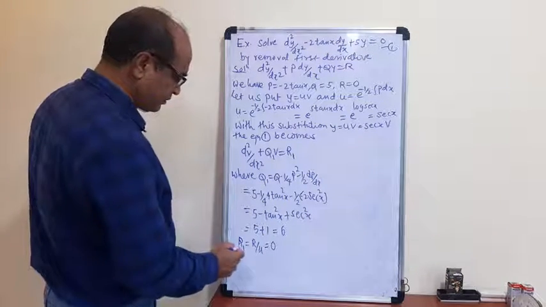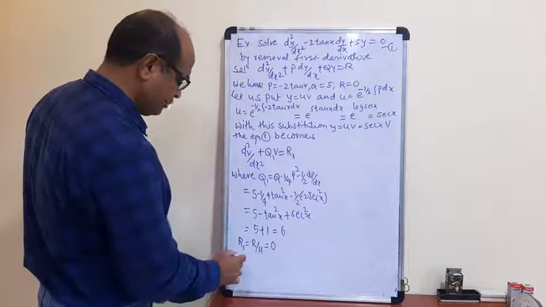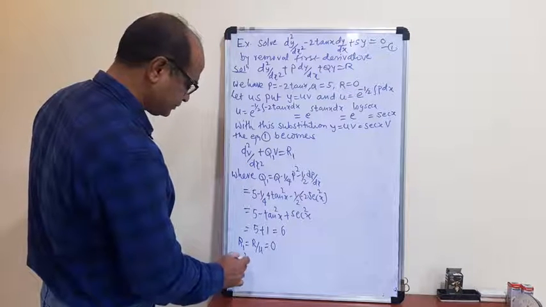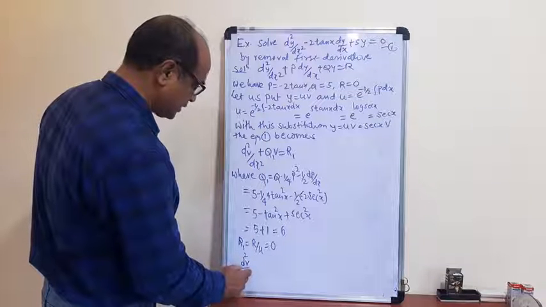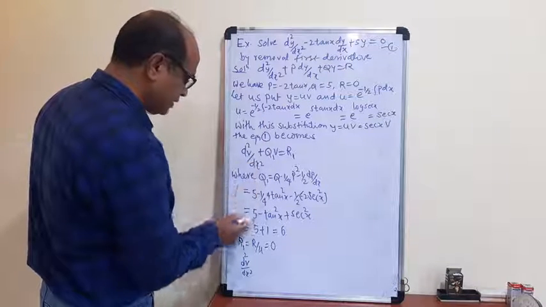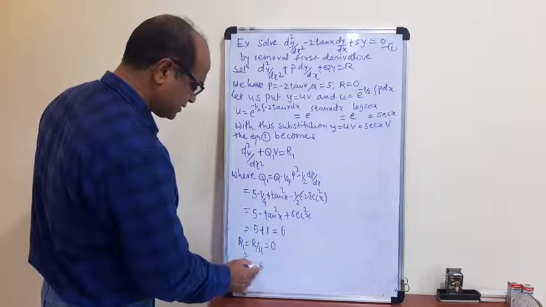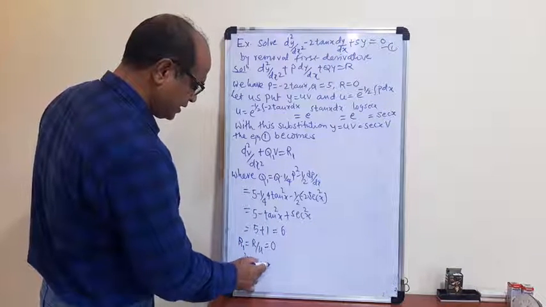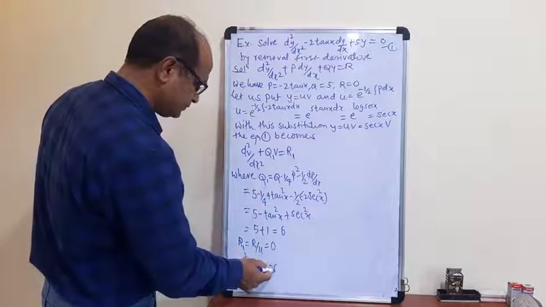What happened? So what is this equation? This d2v by dx square, q1 is 6, plus 6v is equal to, r1 is 0.